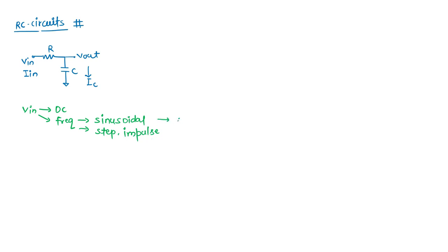Let's say a sinusoidal has some frequency omega m, which we also call f of m. And a step and an impulse have an infinite, very high frequency. We know that a signal changing its state instantly from 0 to 1, or high to low, has infinite frequency.